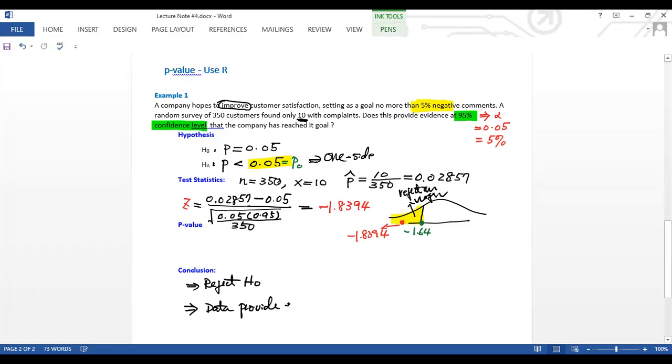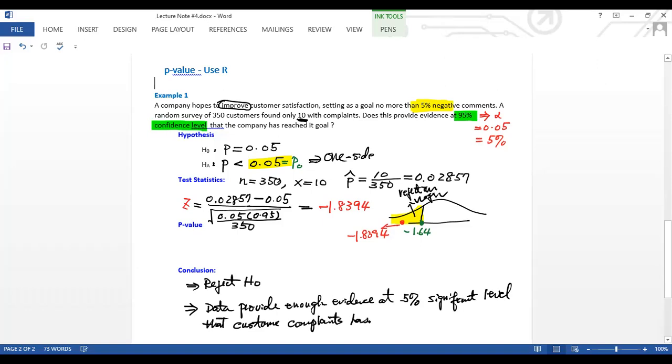So you can say the data provide enough evidence at a 5% significance level that customer complaints has improved, no more than 5%, right?